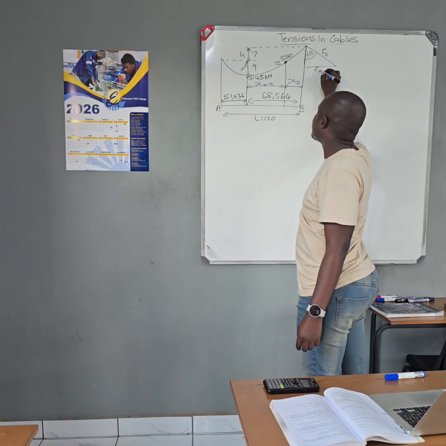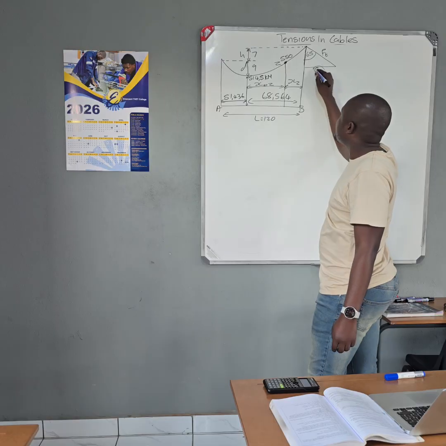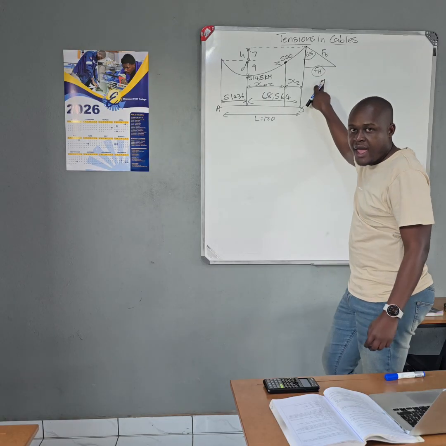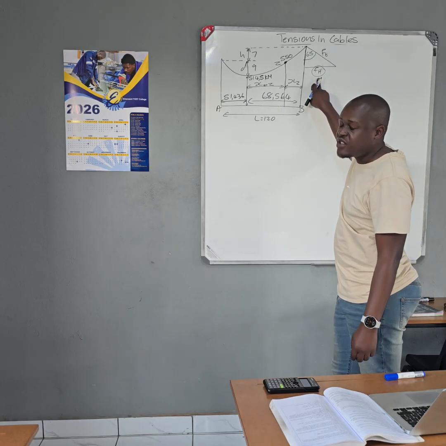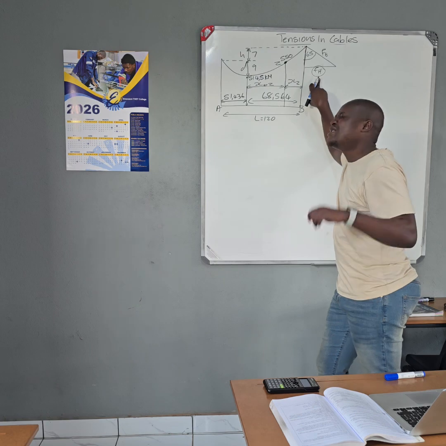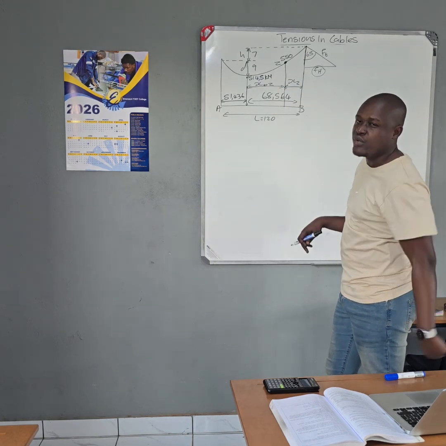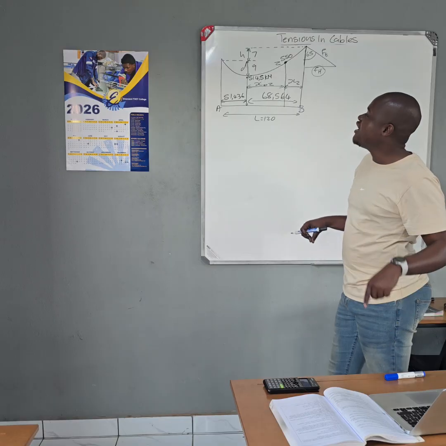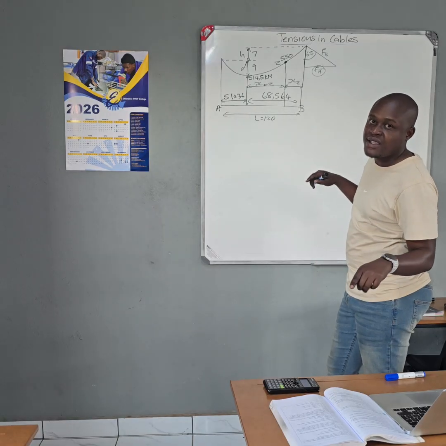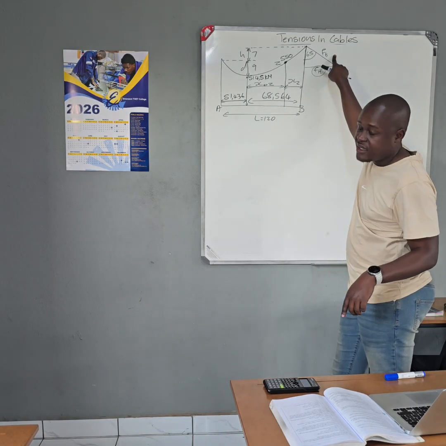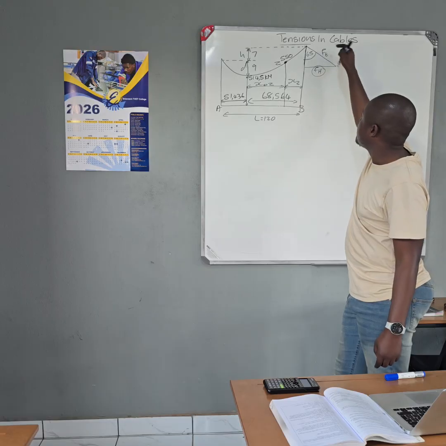Here you have FH. So we do not have the value of FH. Why? Because the FH of the main cable is not equal to the FH of your anchor cable if it's a pulley. Then in a pulley, what is it that is equal? It's FT. So you have FT.